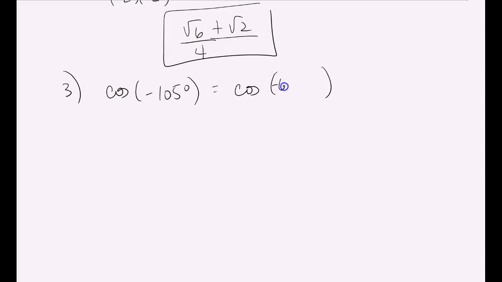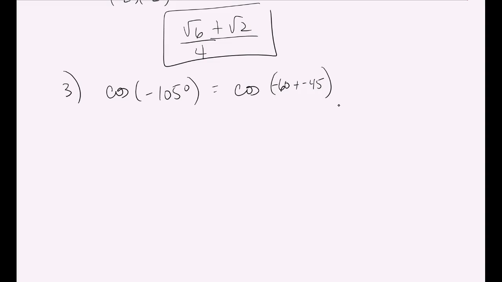I'm going to do negative 60 plus negative 45. I know those two add up to it, but that's going to be really tricky when I try to break it up. So let me think about that.